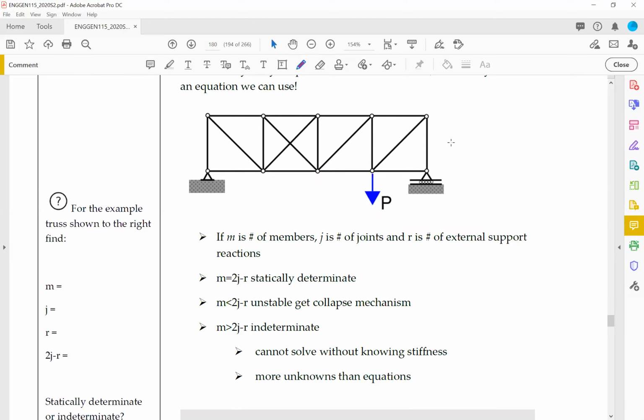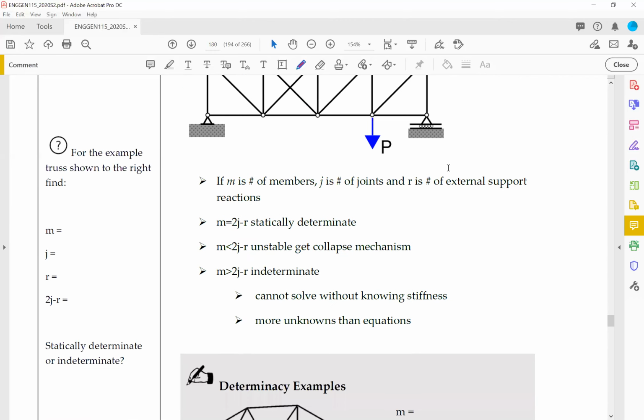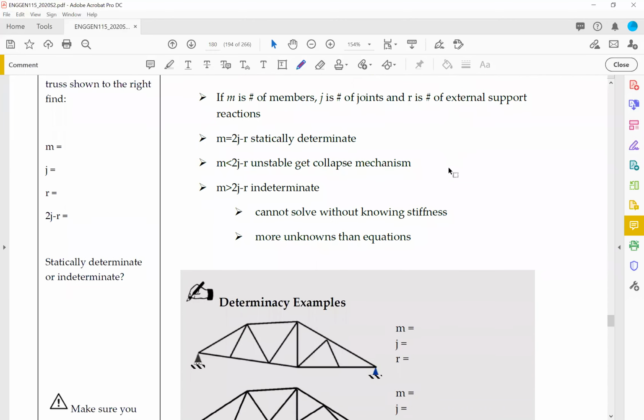So how do we know whether a structure is internally or externally indeterminate, or internally or externally stable? Well, fortunately for us, there's a calculation that we can use, and it is these three calculations right here.